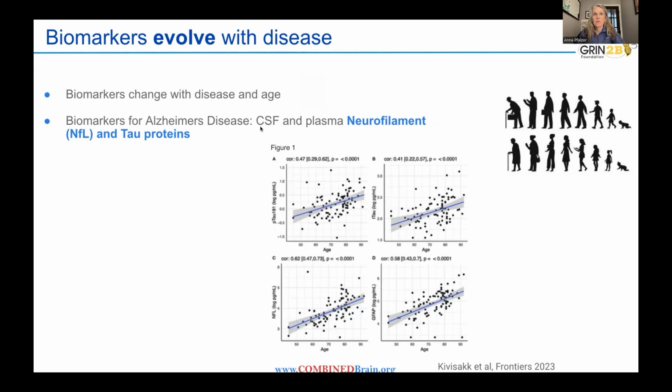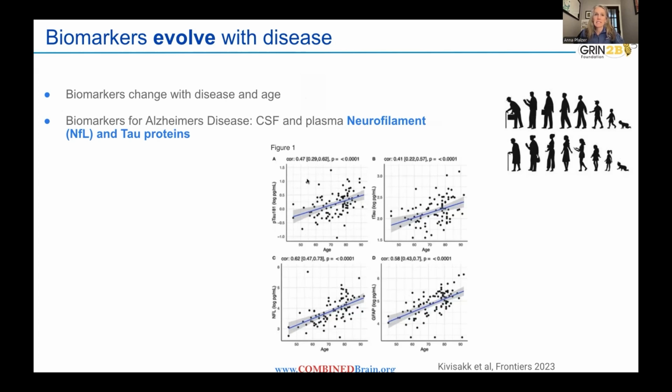There are two well-known biomarkers or indicators of disease status in Alzheimer's, and those are measuring the proteins known as neurofilament light, or NFL, and then tau protein levels. And in fact, we know that levels of those two proteins, both in the cerebrospinal fluid and in the plasma, increase as disease progresses.